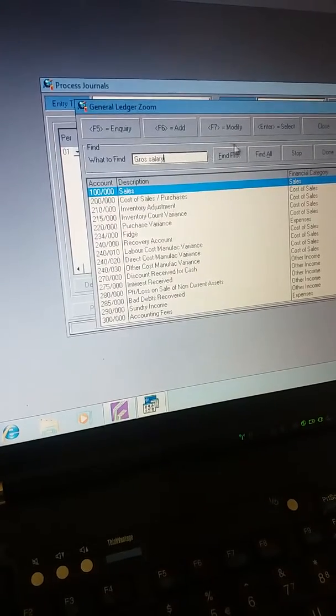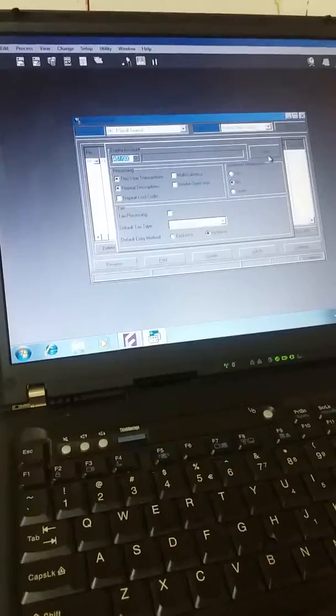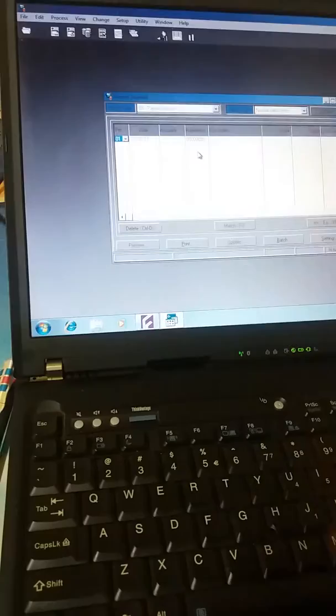Then we can see we have debit and credit.